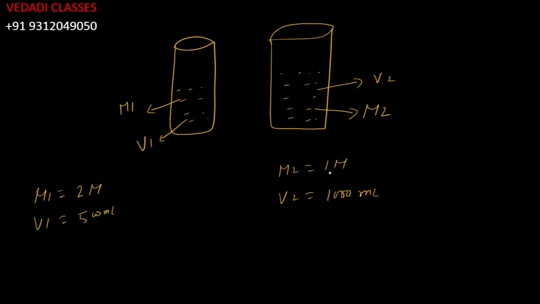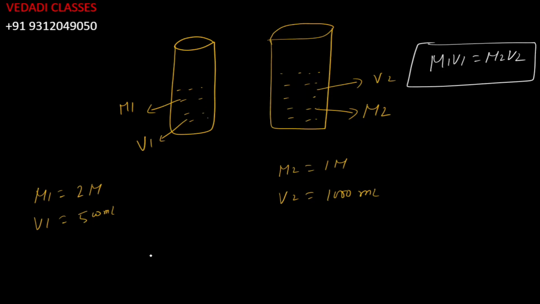But what I told you, its product will remain the same. It means M1 V1 is equal to M2 V2. This thing you should keep in mind.